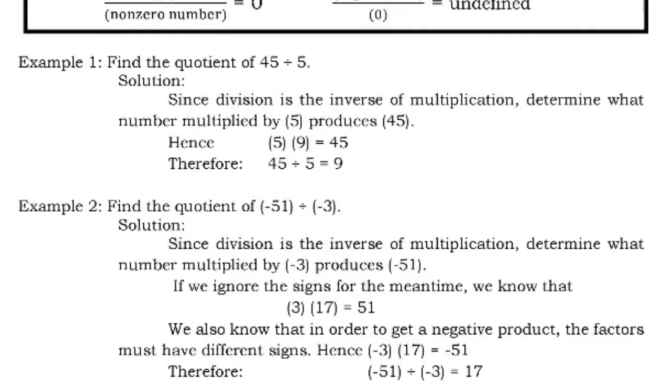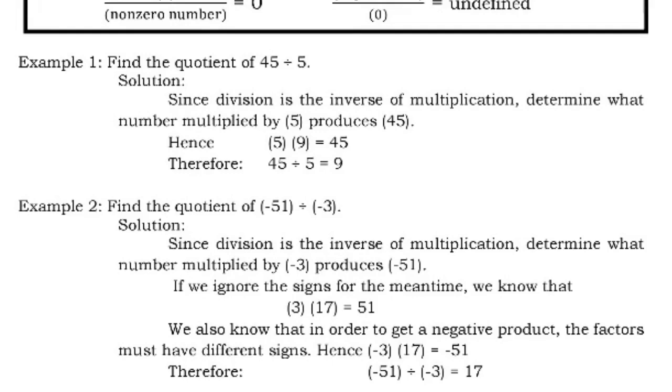Example number 1, find the quotient of 45 divided by 5. So the two are positive. So 45 divided by 5 is equal to 9. So positive 9. Example 2, find the quotient of negative 51 divided by negative 3.